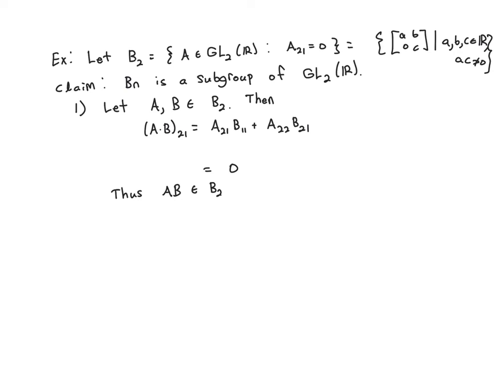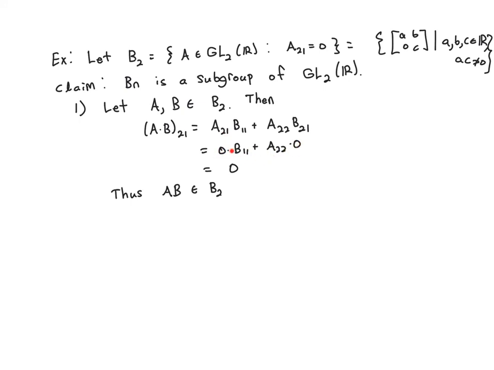All right, so this is just the definition of matrix multiplication. What other information do we have? Well, we know A and B are in this set, which means their lower left-hand corner entries are both 0, which means A21 is 0 and B21 is 0.